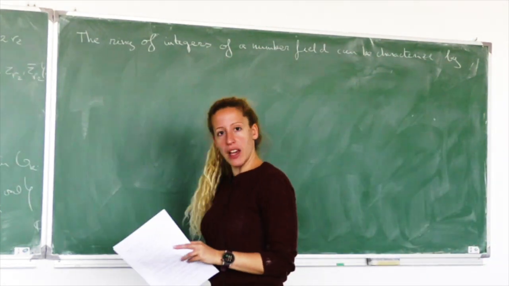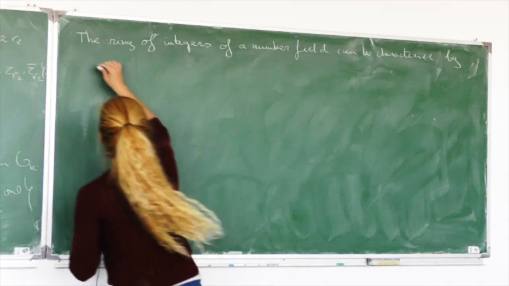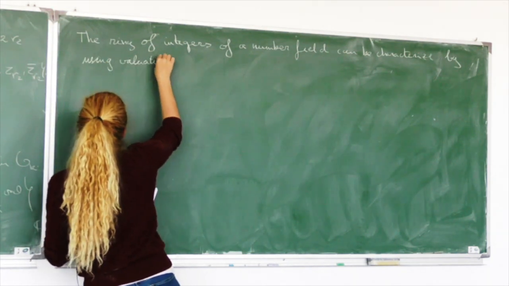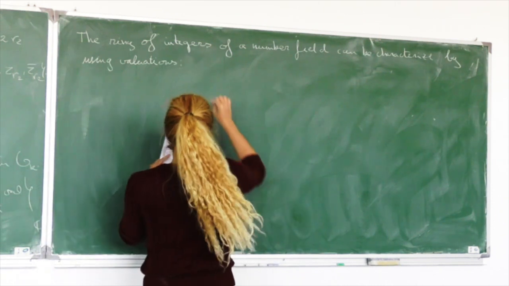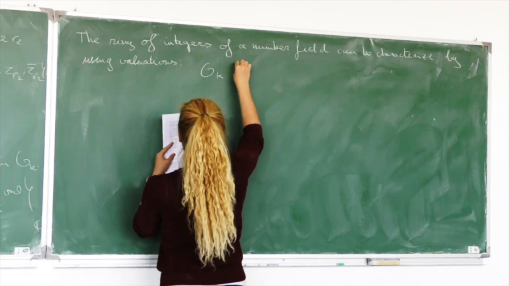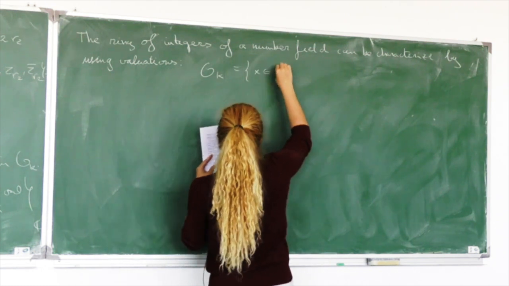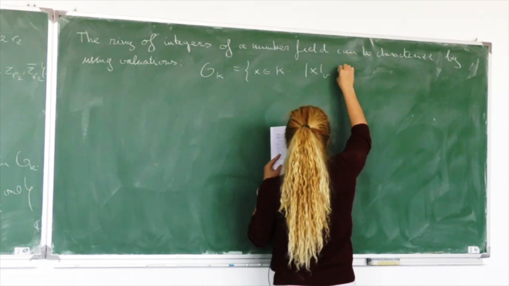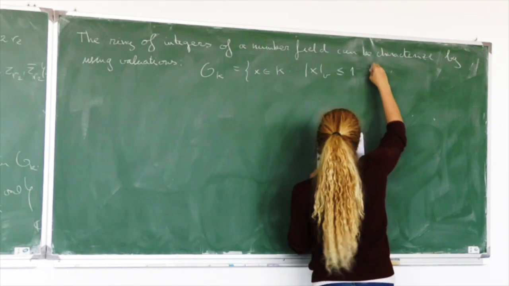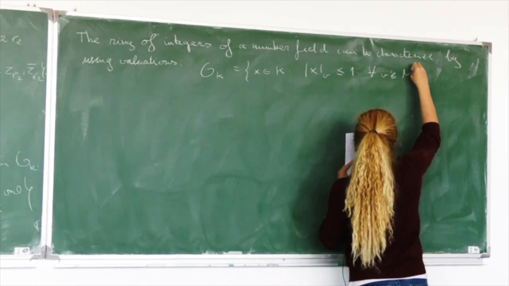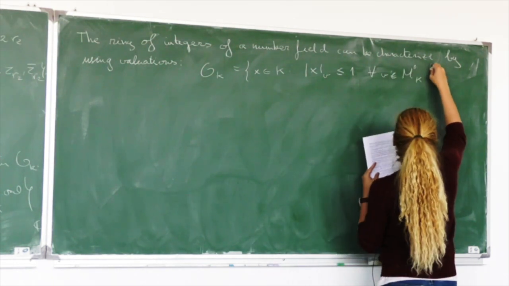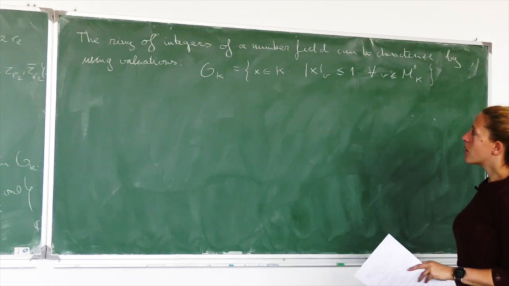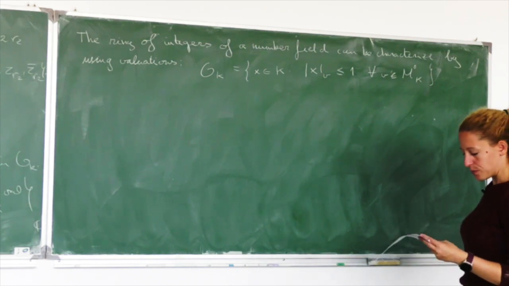This is the first application that we're going to see about the valuations. We have that O_K is equal to the elements in the field such that the valuation is smaller or equal than 1 for all non-Archimedean valuations. This I let you take as an exercise.